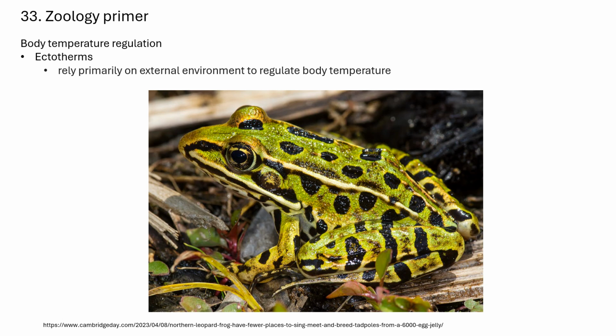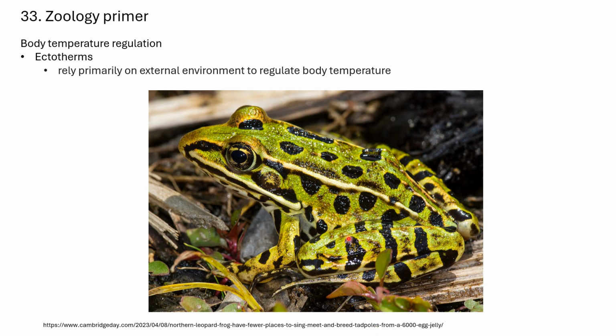So there is that prefix or root of the word, therm. Remember, we saw it when we looked at thermally stratified lakes. So we know it has to do with temperature and heat. So ecto means out, away from, or outside of. So ectotherms rely primarily on their external environment to regulate their body temperature. Here's a great shot of a northern leopard frog, and you can click on this article.